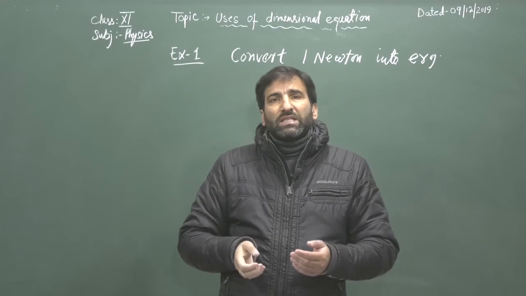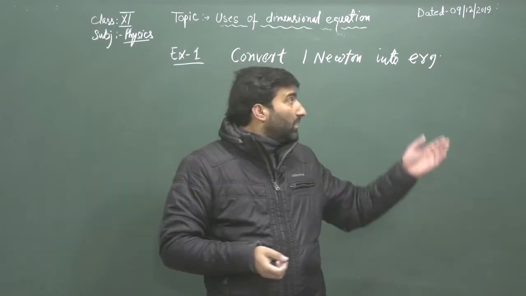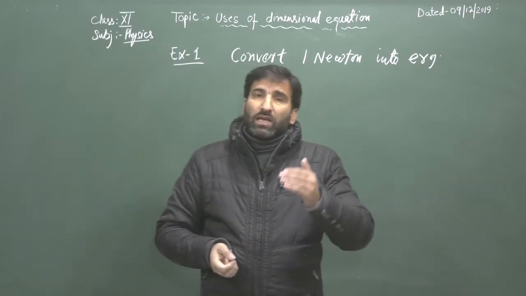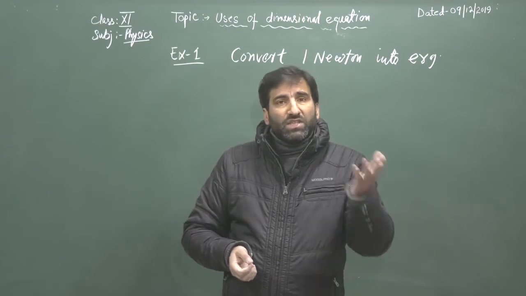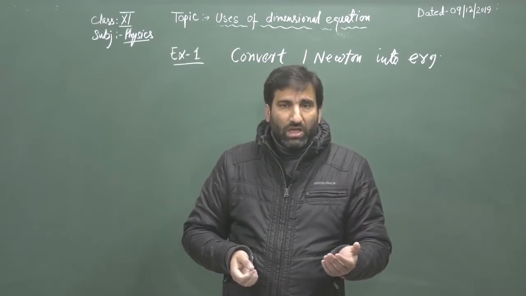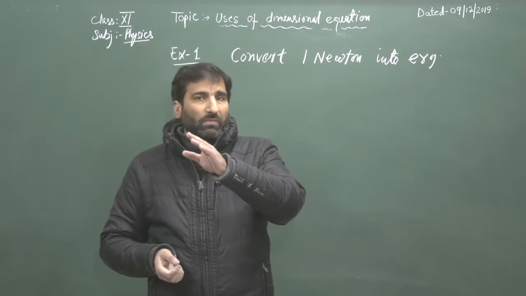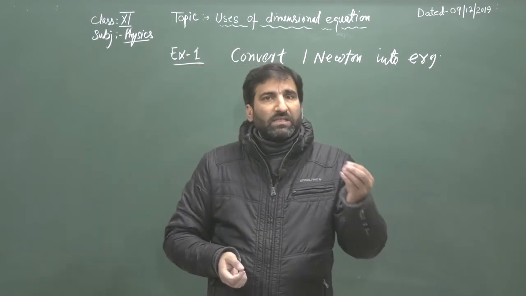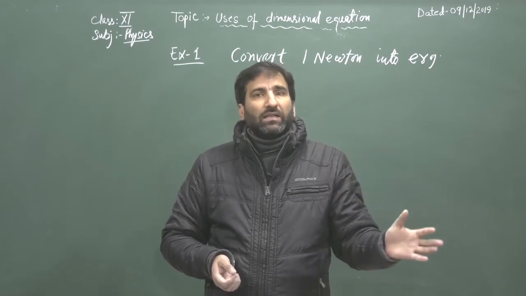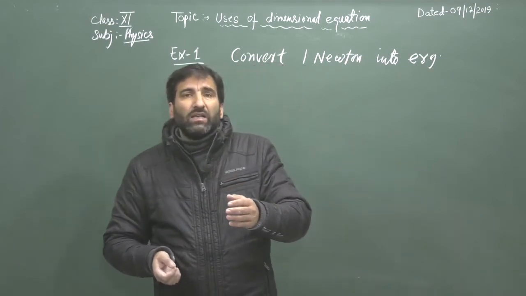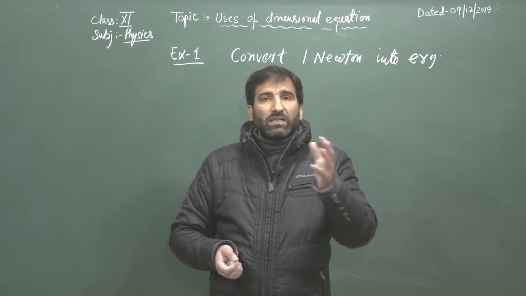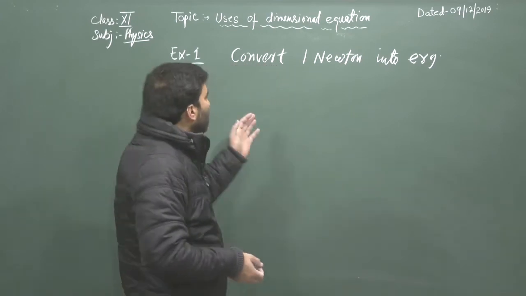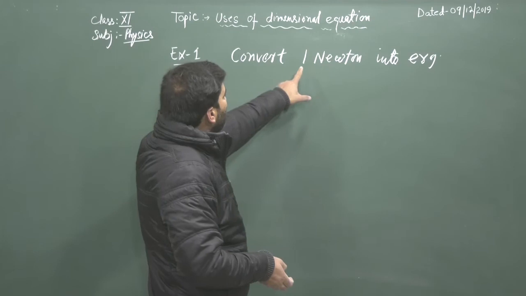You know, Newton is the SI unit of force, and erg is the CGS unit of force. So we have to go from SI to CGS. CGS means centimeter gram second. From SI, Standard International Unit. So here we have 1 Newton.